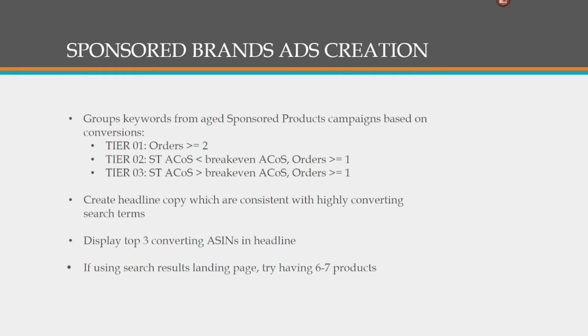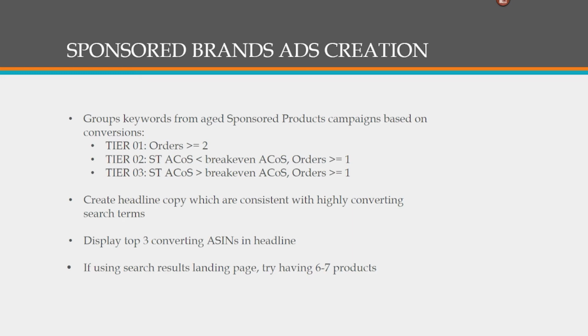Then, if we end up with say 10 different headlines, we'll create 10 different tier one campaigns, where all the tier one campaigns will have identical search terms in them, but each campaign will have a different headline copy. Same thing with tier two campaigns.